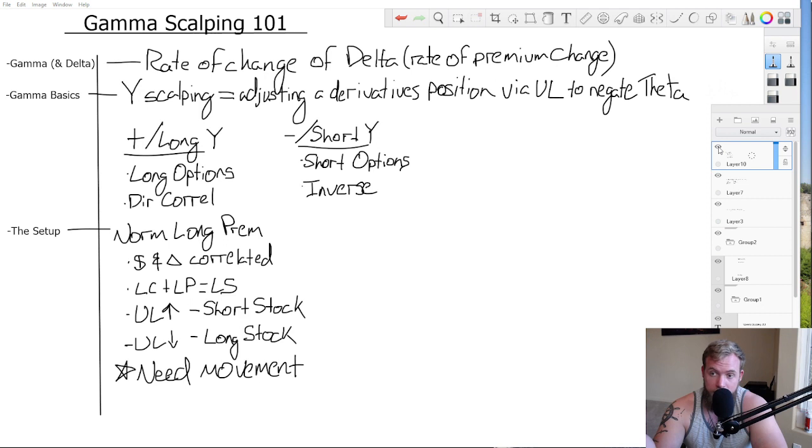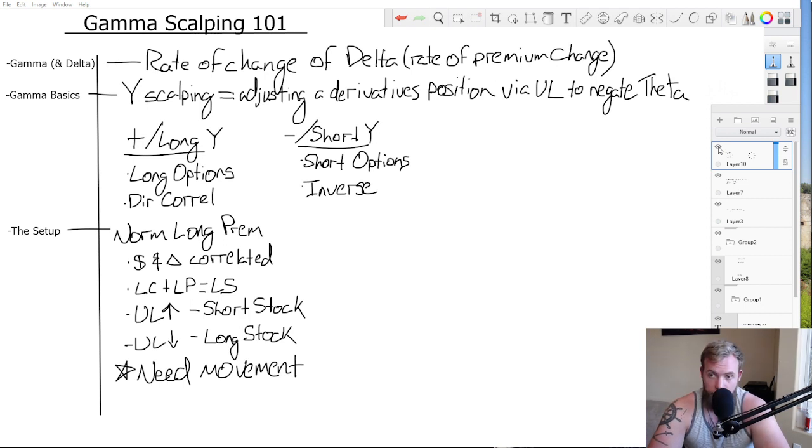Not always the case once we start adding in changes in volatility, but again, for just a theoretical conversation, that's the idea. And then as the underlying starts to drop, you would remove those short stock, take a profit, and then if the underlying continues to move down further, that's when you would do the inverse. You would add long stock to offset your now short deltas.